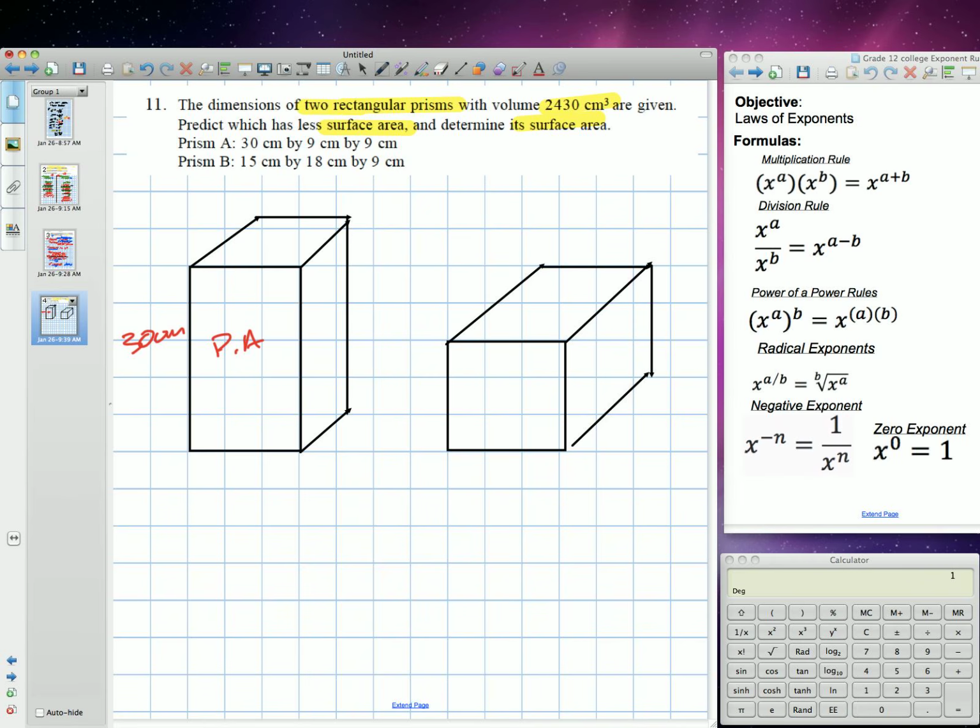Prism B, we have 15 centimeters by 9 centimeters by 18 centimeters. They've already told us that the volume is going to multiply to 2,430 centimeters cubed. So we don't have to find the volume of this shape.